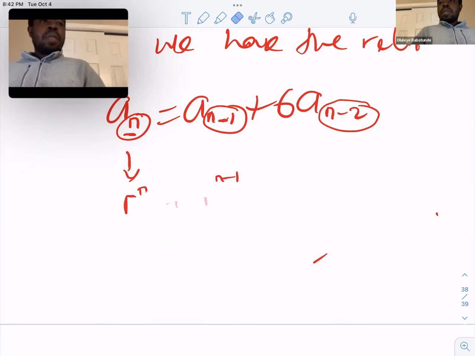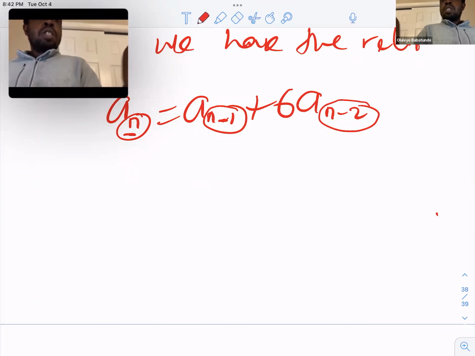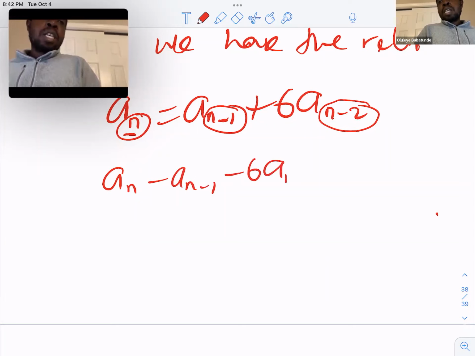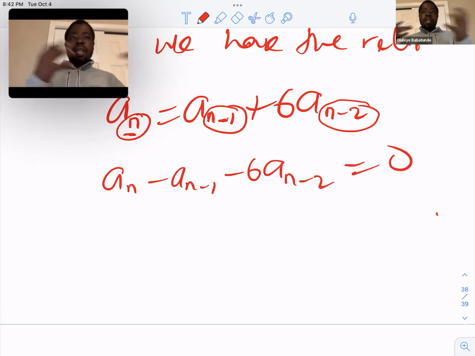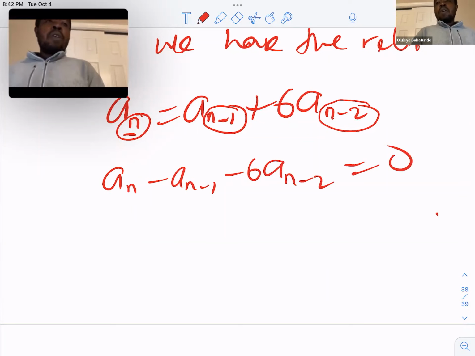Or better still, you can rewrite this as a_n minus a_(n-1) minus 6 a_(n-2) equals 0. You see that? Characteristic equation. Now, you can assume a polynomial of this form for your a_n.